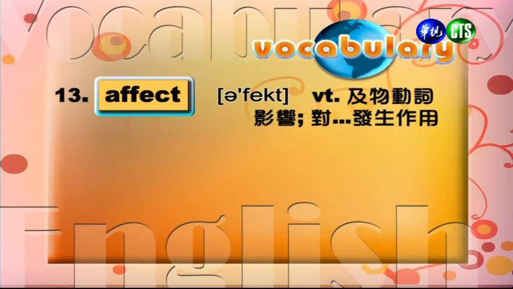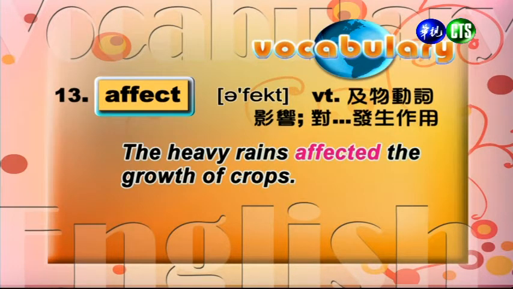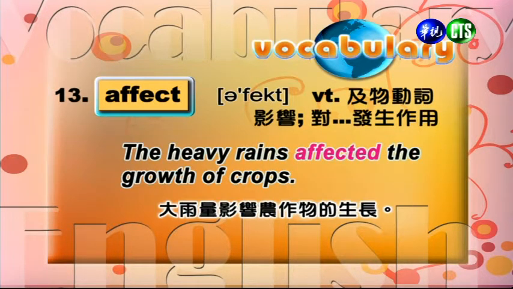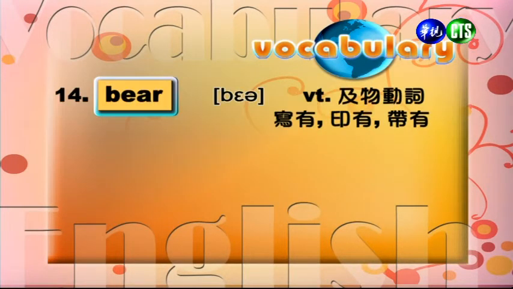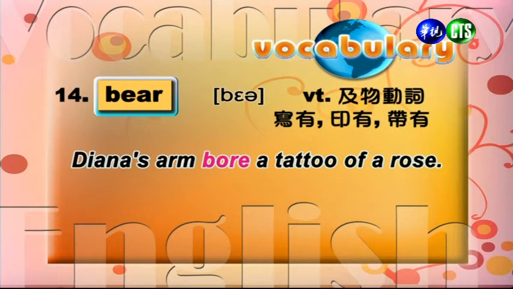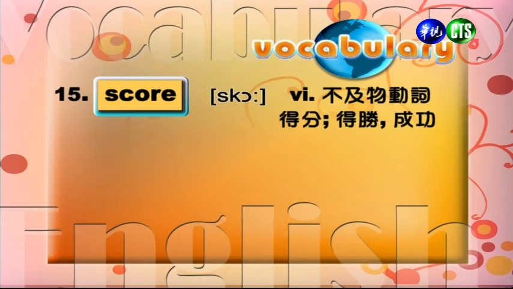Number 13, affect, verb. 动词影响，对什么发生作用。 The heavy rains affected the growth of crops. 大雨影响农作物的生长。 Number 14, bear, verb. 动词写有、印有或者带有。 Diana's arm bore a tattoo of a rose. Diana 的手臂上有玫瑰的刺青。 这边 bore 是 bear 的过去式。 Yes.